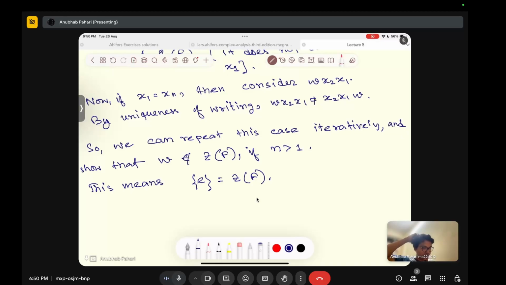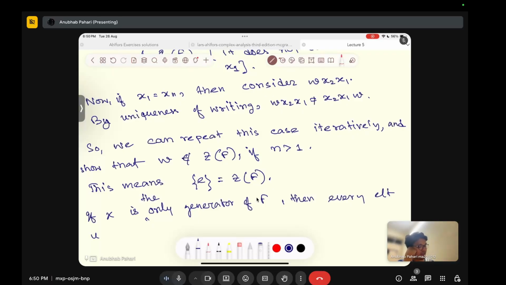But if you see that the only generator of F is x, if x is the generator of F, then every element is of the form x to the n.